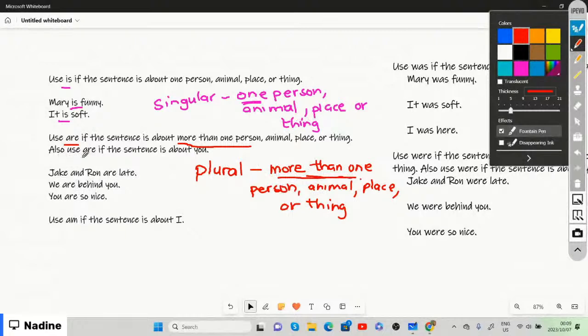We also use are if the sentence is about you. So if the sentence is about you, then you can say, you are so nice. You are wearing my favorite color. You are standing on my place, or you're sitting on my place, right?